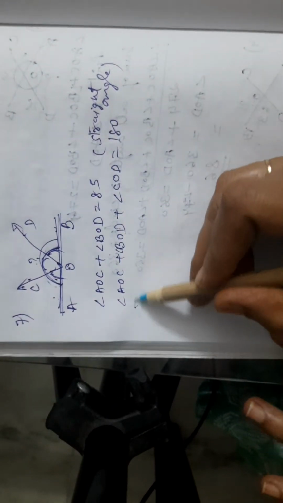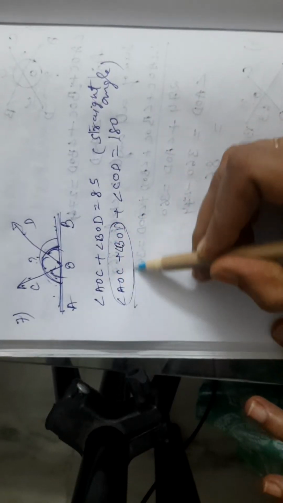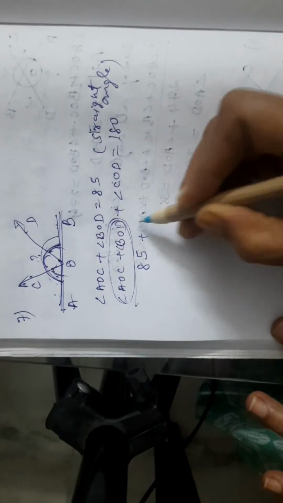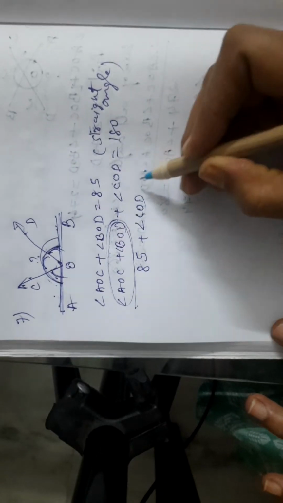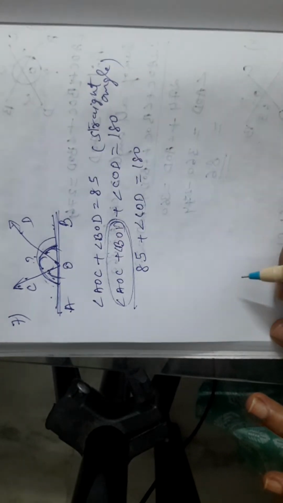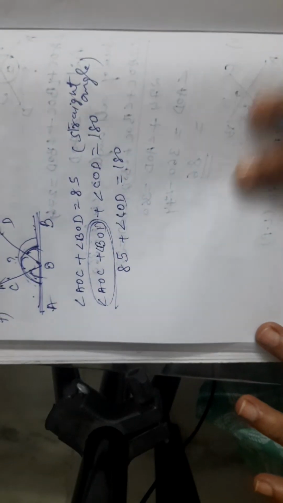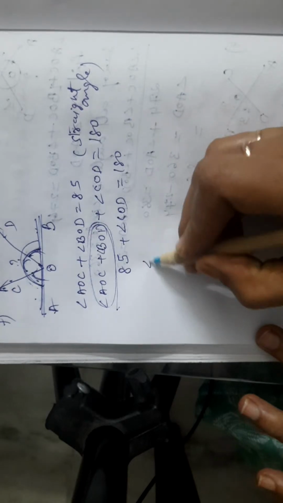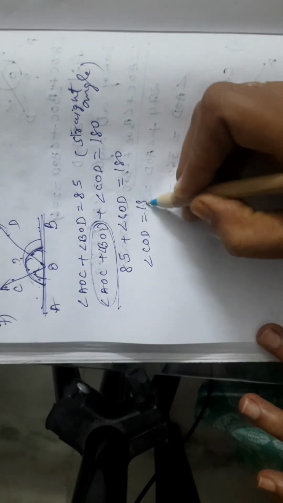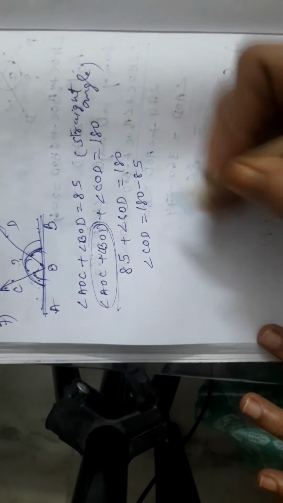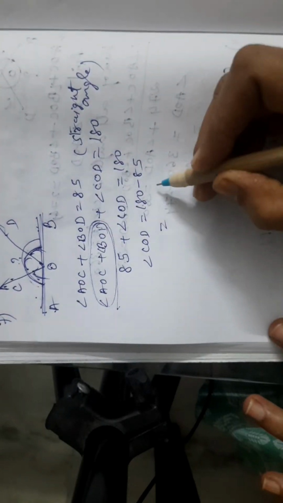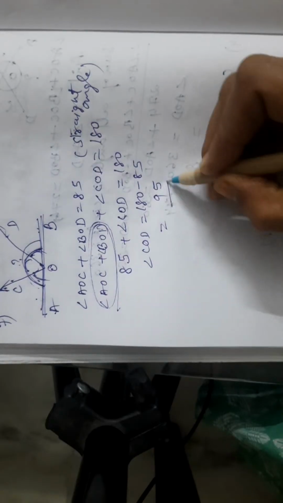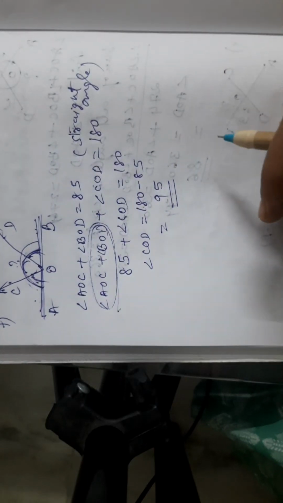Out of that, these two angles are given as 85, so we replace them by 85. We need to find the COD value. We'll shift 85 towards the right. COD is 180 minus 85. So it is 95.